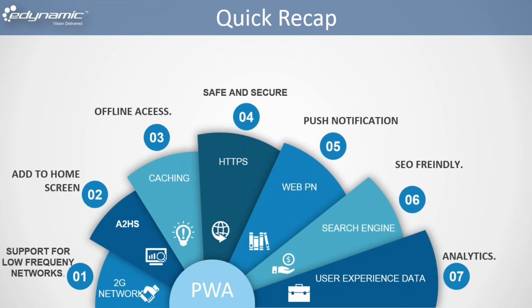So I am almost done with this webinar. I'll very quickly recap what we discussed here. These are the 7 critical features that PWAs provide, starting from support for low frequency networks, that is 2G networks; the add to home screen feature, which allows you to add a quick link to the home screen; offline access, which we have already talked about and detailed in the worker section, where everything is cached, safe and secure.